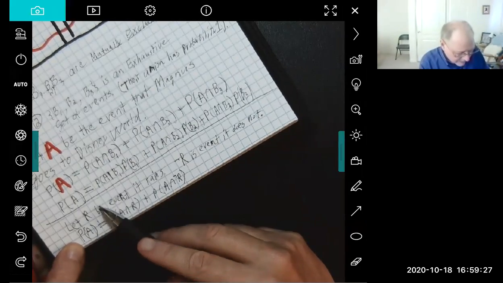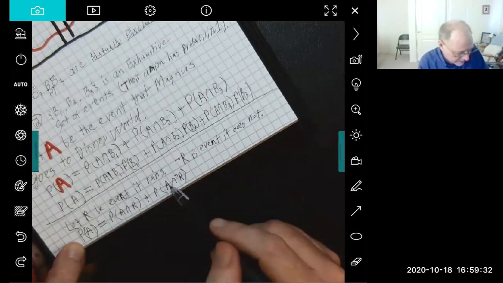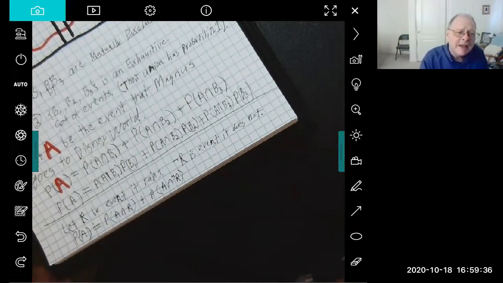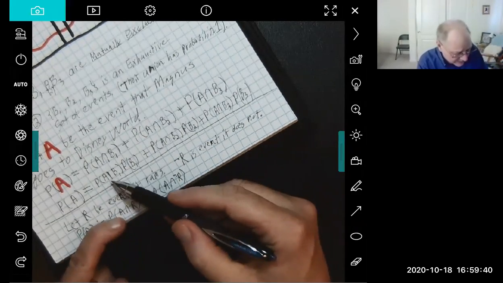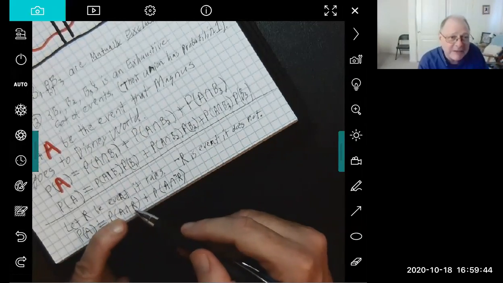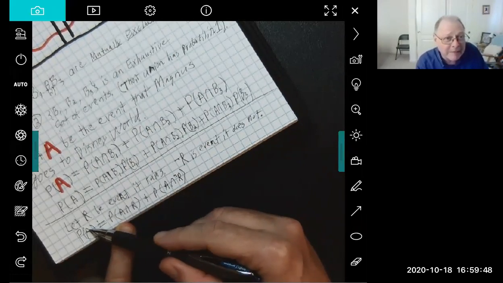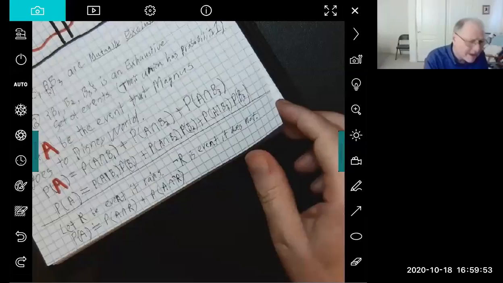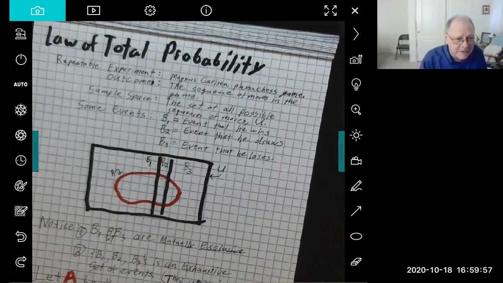So you'd be able to use this form, or you could change it into these conditional probabilities and solve word problems. Maybe the story tells you some of these pieces that you could use in the formula to then work out P of A. Okay, so that's it for the law of total probability.